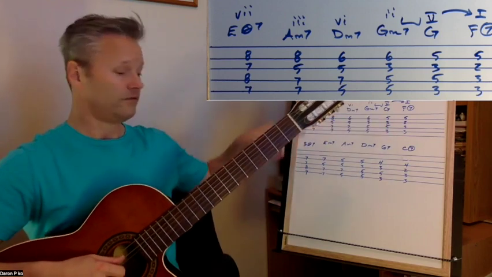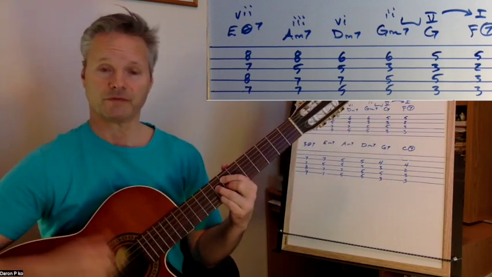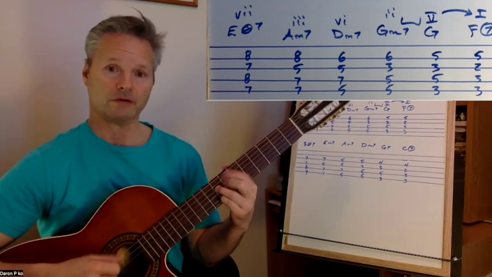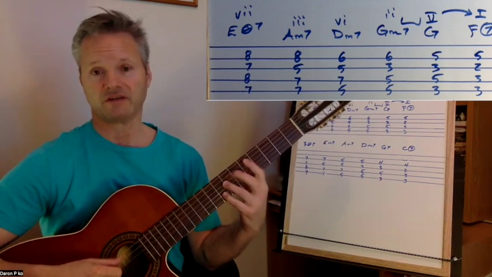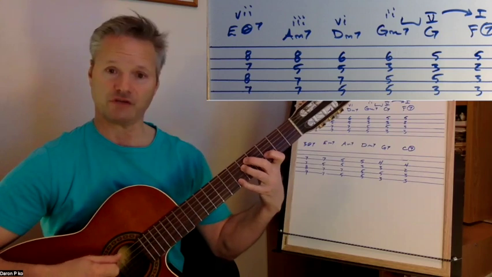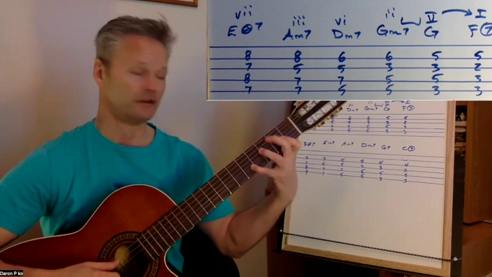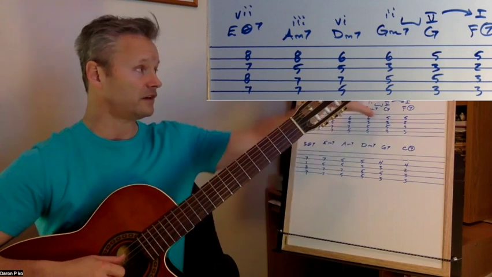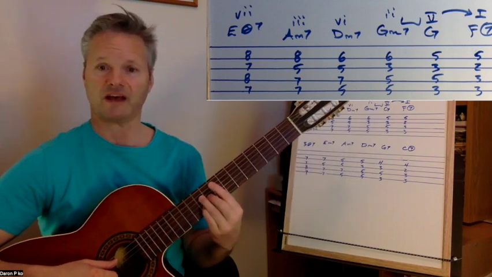In the key of F, E is half diminished, so it's got a flat 3, flat 7, and a flat 5. It will resolve to the A minor 7, to the D minor 7, to the G minor 7, to the C7, to the F major 7. And just for fun, like I did here, I'll stick that root, the F, out here first.